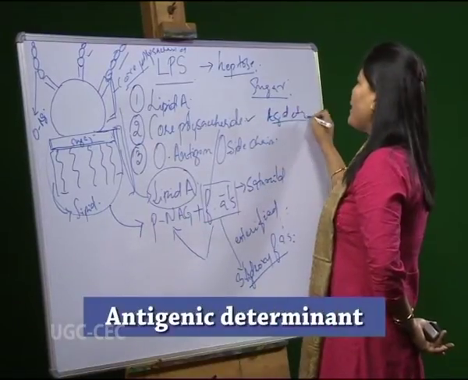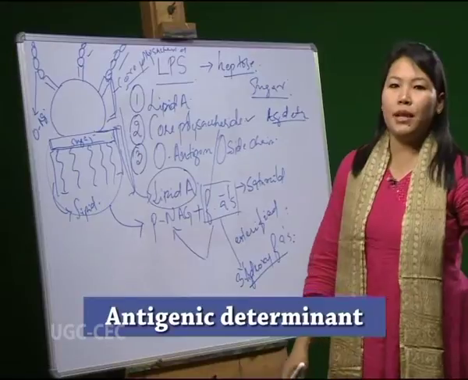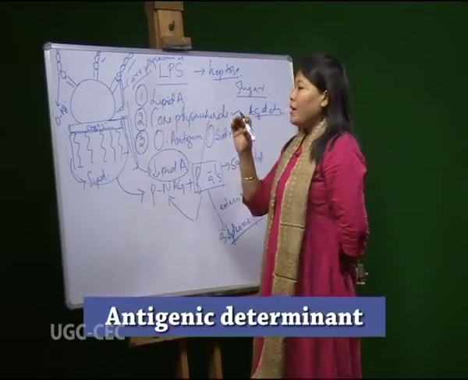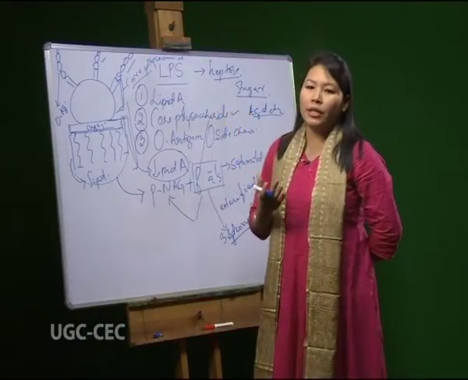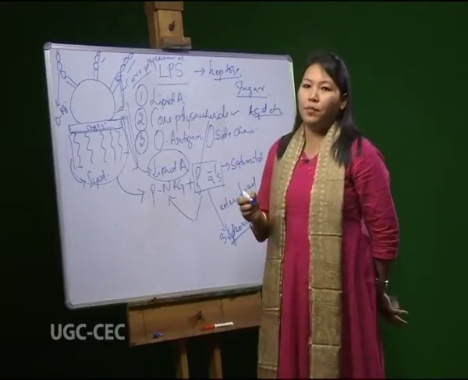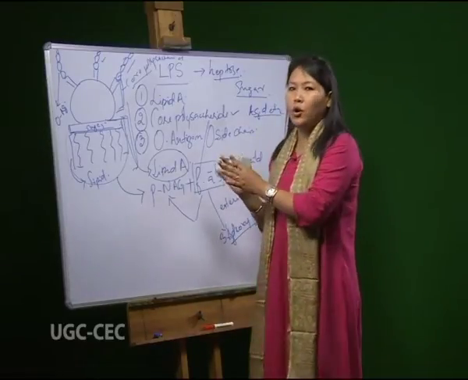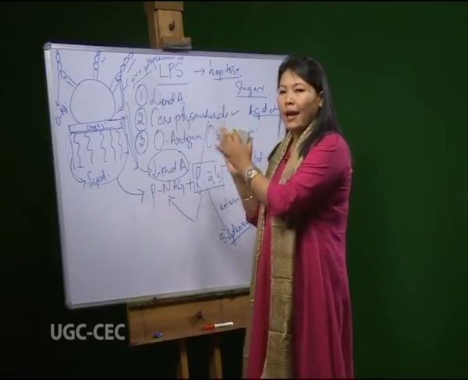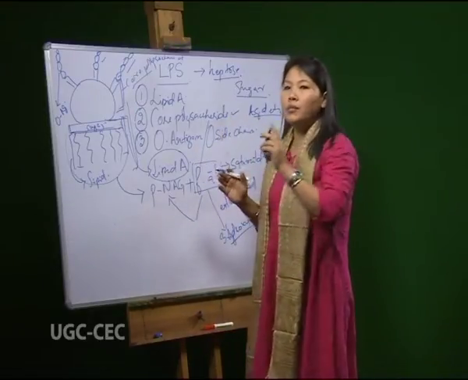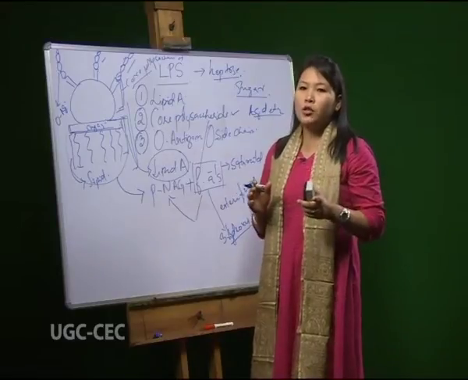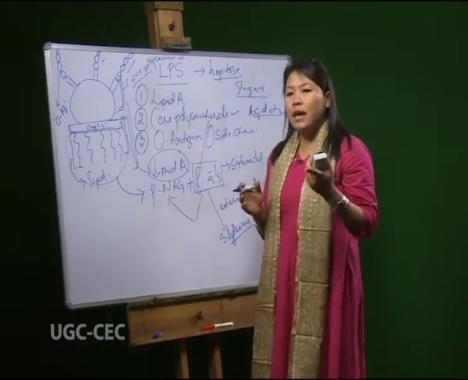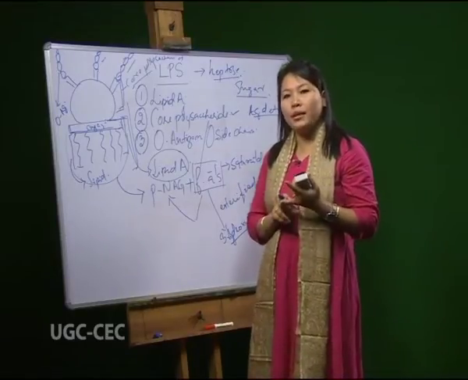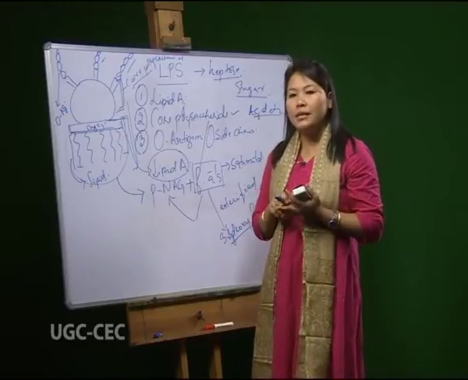Immunologically, it is termed an epitope. Antigenic determinants or epitopes are the portions on the antigen which the immune system recognizes.